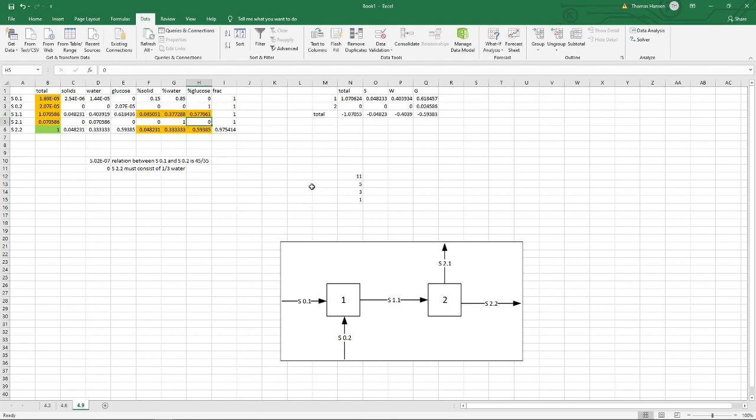We'll just cheat a bit. Okay, that went a bit fast, sorry about that. I've put in that my percentage of glucose in the two streams where we didn't know it has to be 1 minus the sum of the others. And I just want to put in some values here that are not the guesses of Excel.